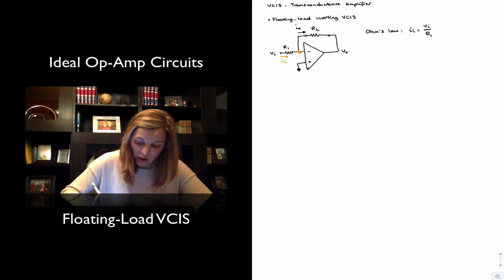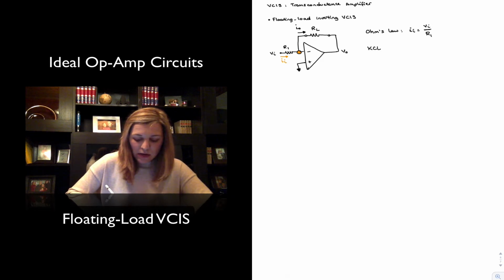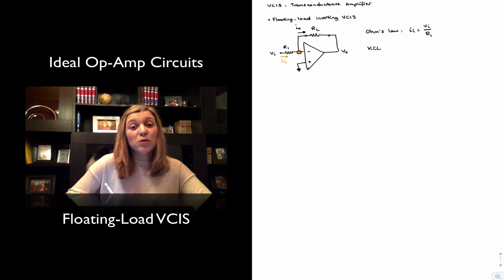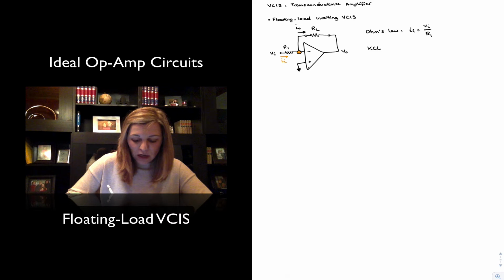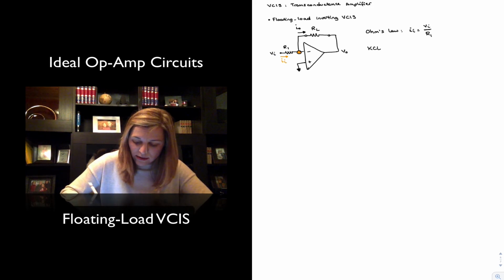Now, by Kirchhoff's current law, we know that at the particular node, the negative or the inverting input terminal, the sum of the currents entering that node must equal the sum of the currents leaving the node. If we make the ideal op-amp assumption that the current going into the inverting terminal of the op-amp is equal to 0, then I have that my I out must be equal to my I in, because the sum of the currents leaving the terminal must equal the sum of the currents entering the terminal.